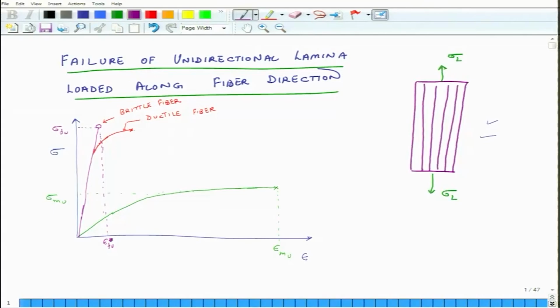This is the failure strain. So, we see that for brittle fiber as well as for the ductile fiber, the failure strain of matrix is much more than the failure strain for the fiber. Does not matter whether it is a brittle or a ductile fiber, but typically matrix becomes very elongated and only then it actually fails.